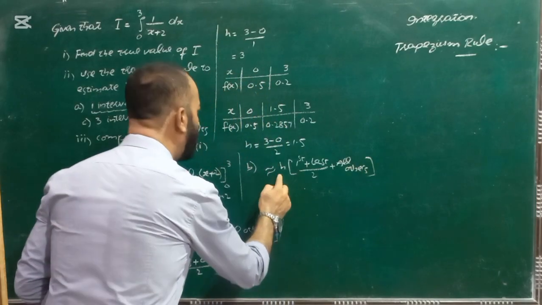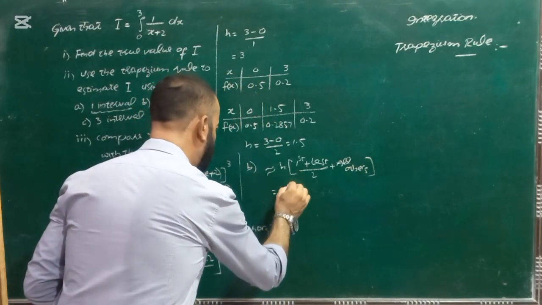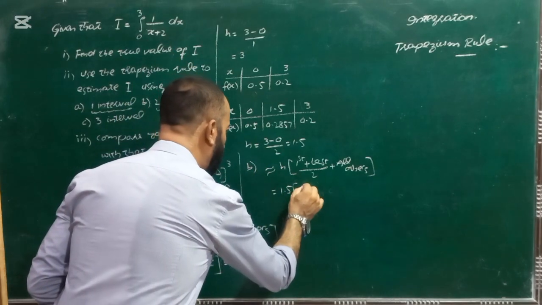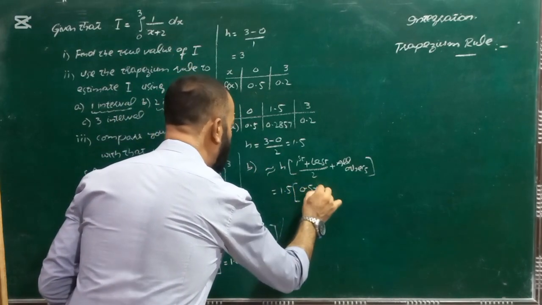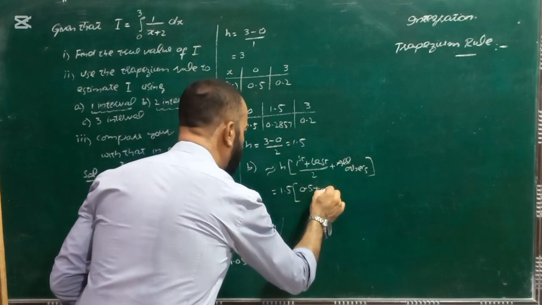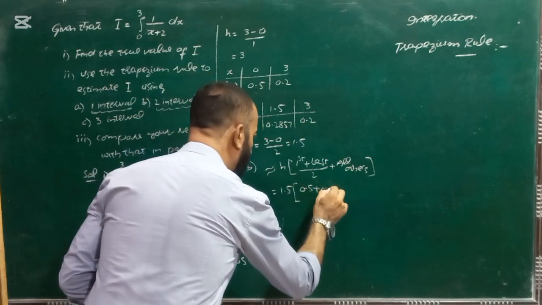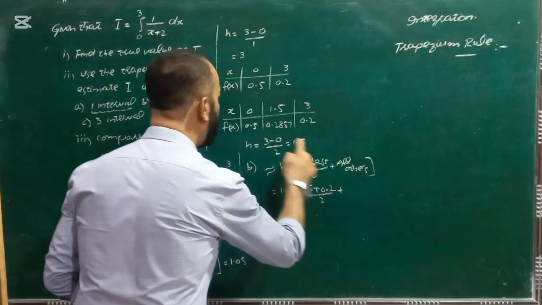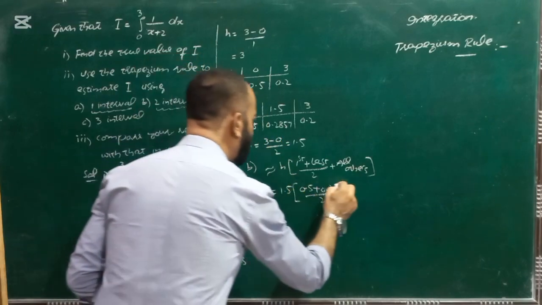Okay, h is 1.5, first is 0.5, last is 0.2, divided by 2 is still there, plus all others. So this is left, 0.2857.